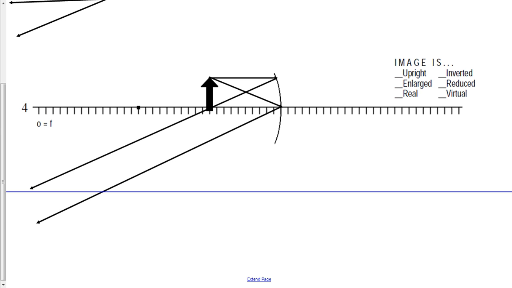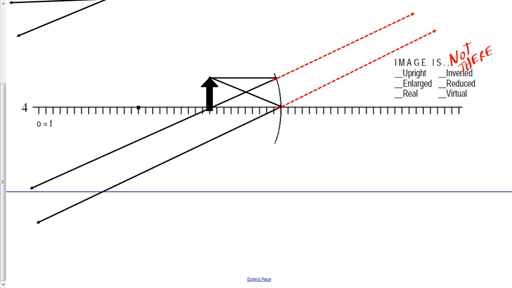It's a little bit tricky to do, but you find, in this situation, the image is not there. There's no place where real or virtual rays intersect. Now, this is really hard to draw because if you draw it just a little bit off, you may look way out in the side of the page and see that they intersect, maybe even off the page.